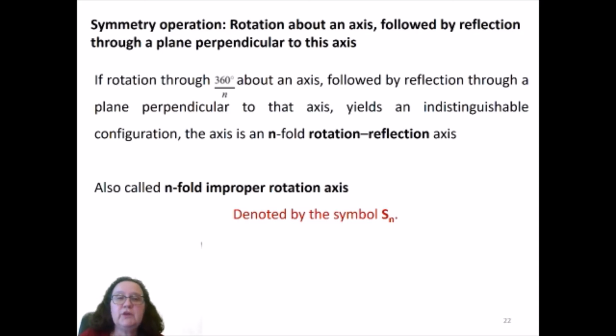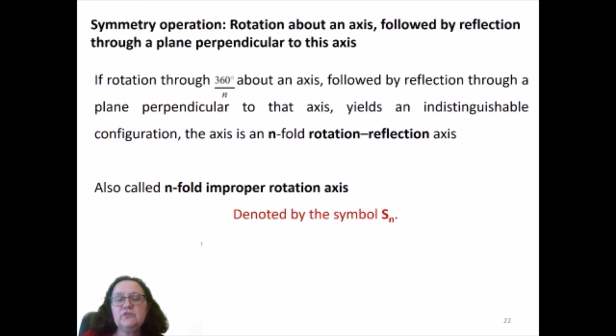Another symmetry operation is SN. The symmetry operation is a rotation about an axis followed by reflection through a plane perpendicular to this axis.